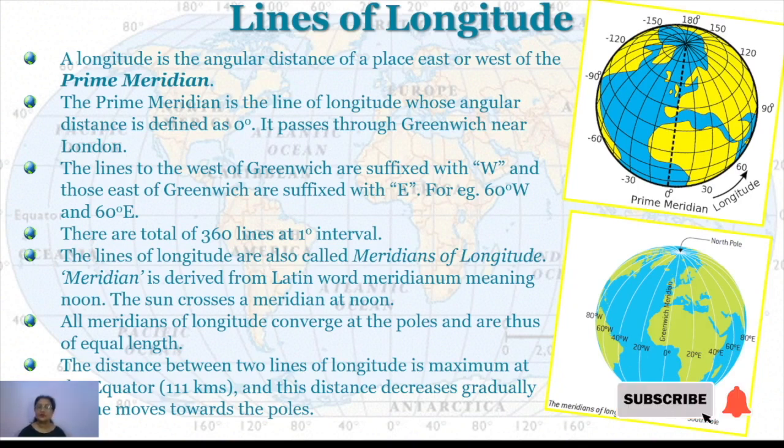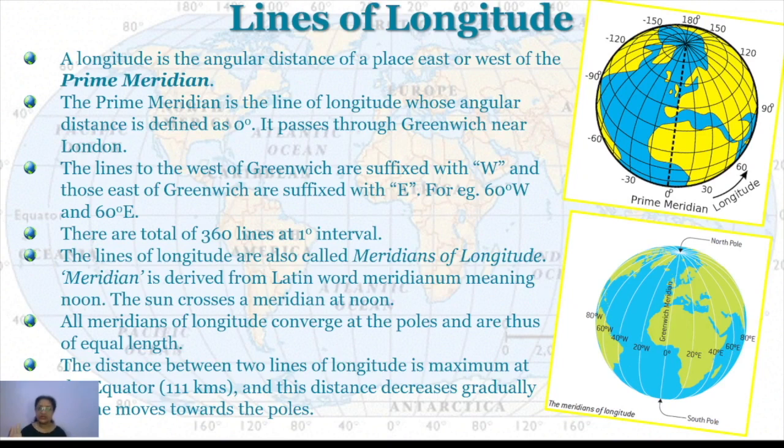One very important thing about these lines of longitude is that they are also called meridians of longitude. Now what is the meaning of meridian? Meridian has been derived from a Latin word, meridianum. Its meaning is noon time, or midday.